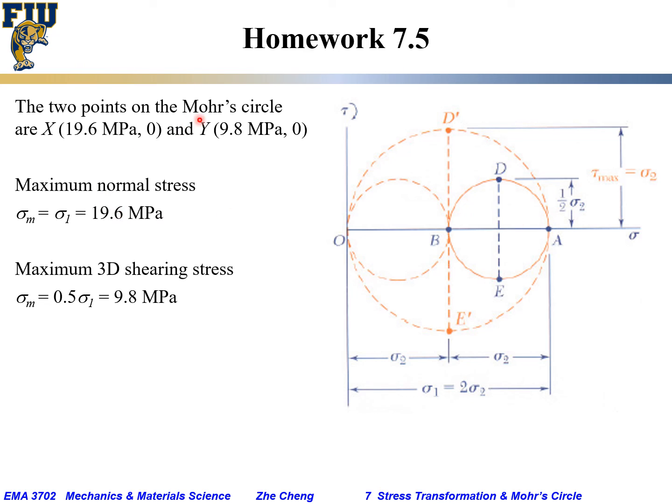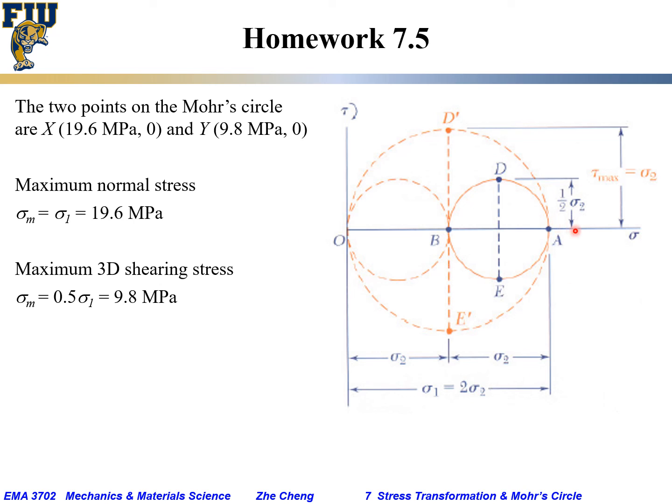The other one is y, or we can call it B point, 9.8 megapascal, and also 0. Okay, so we know the two points on the Mohr circle, and we can construct in 3D the three Mohr circles. One would be this one, the other would be BO, the other one would be AO.